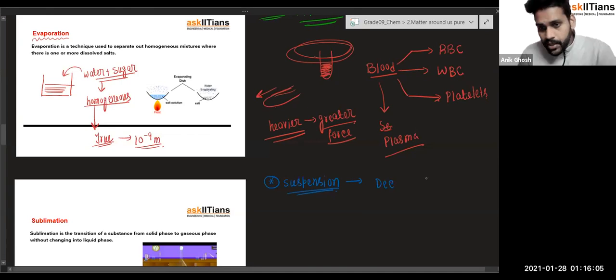This is the process we use to separate out the suspension type solution where the particle size is more than 10 to the power minus 6 meter.